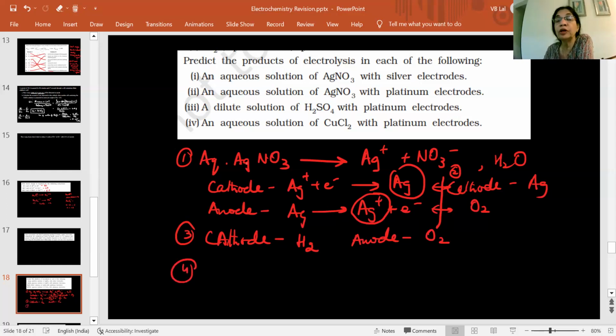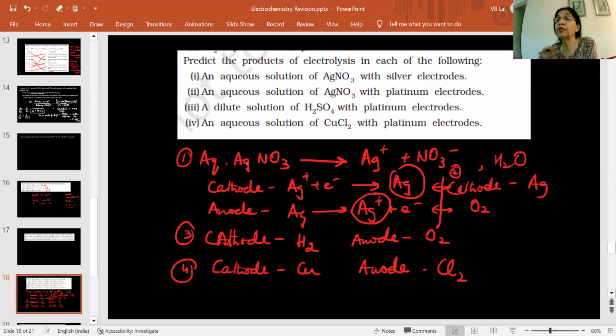Aqueous solution of copper chloride with platinum electrodes. So when I take aqueous solution of copper chloride, at cathode I will get copper. And at anode, I will get chlorine.